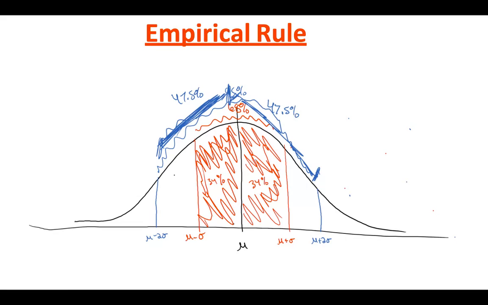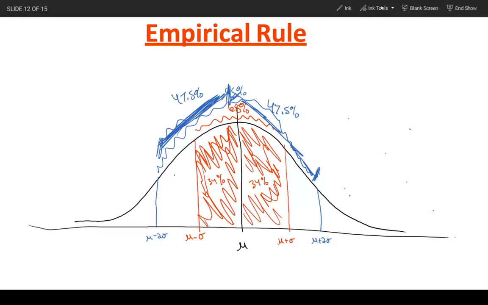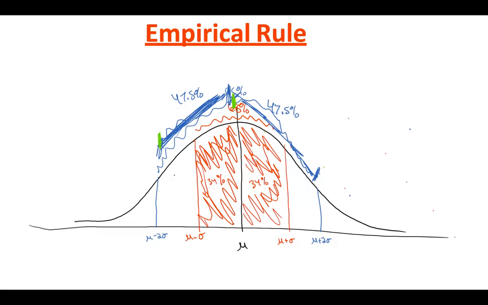Another thing that's important to note is that if it's 47.5% from here to here, and it's 34% from here to here, and then it's 47.5% up to there, we could say there's actually 13.5% in this little section right here.